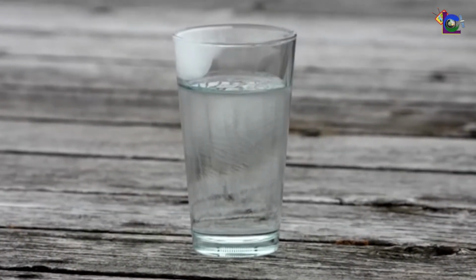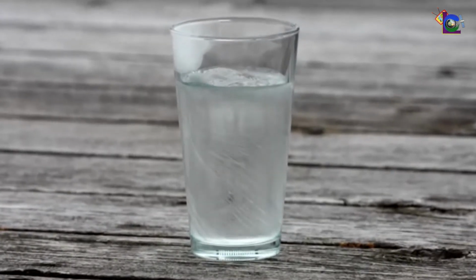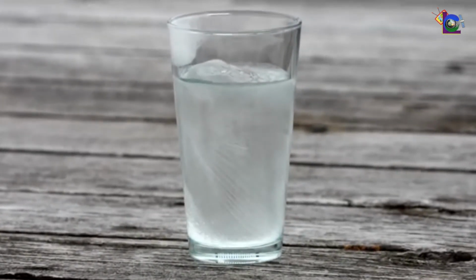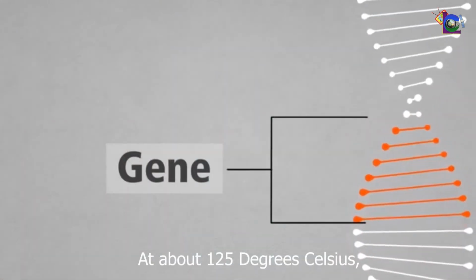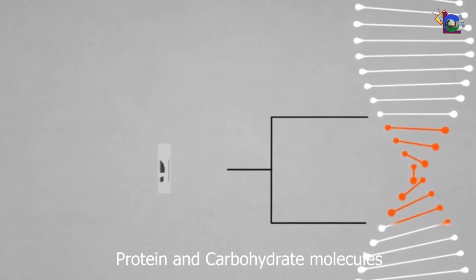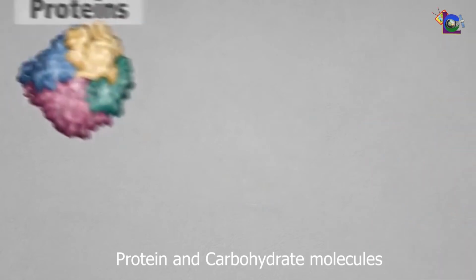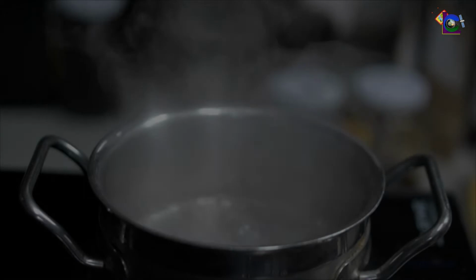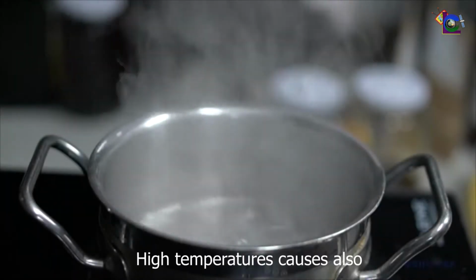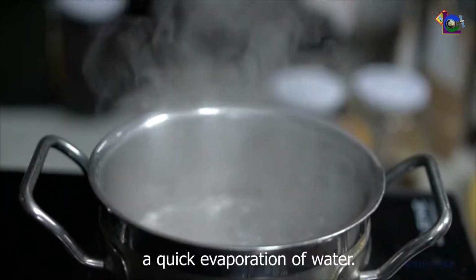Low temperature can cause chemicals to react slowly, and it can also cause the freezing of the water. At about 125 degrees Celsius, protein and carbohydrate molecules and the genetic material start to break apart. High temperatures also cause a quick evaporation of water.